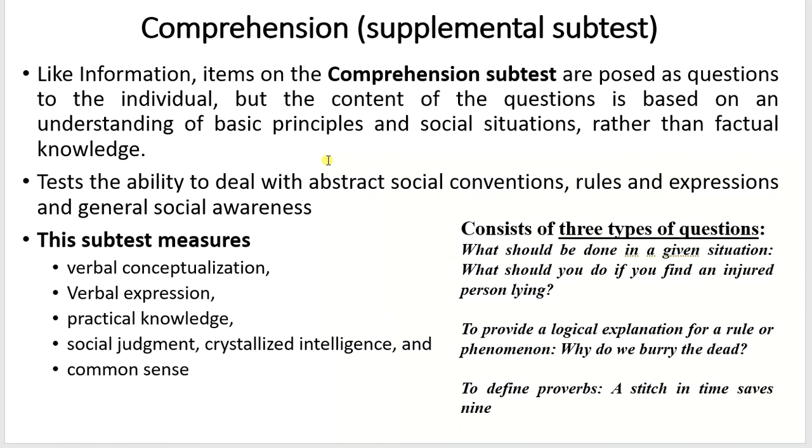It is very similar to information but different in the sense that the questions in the comprehension section require the understanding of the basic principles and rules of the society and the understanding of the social situations rather than factual knowledge which is more emphasized in information.